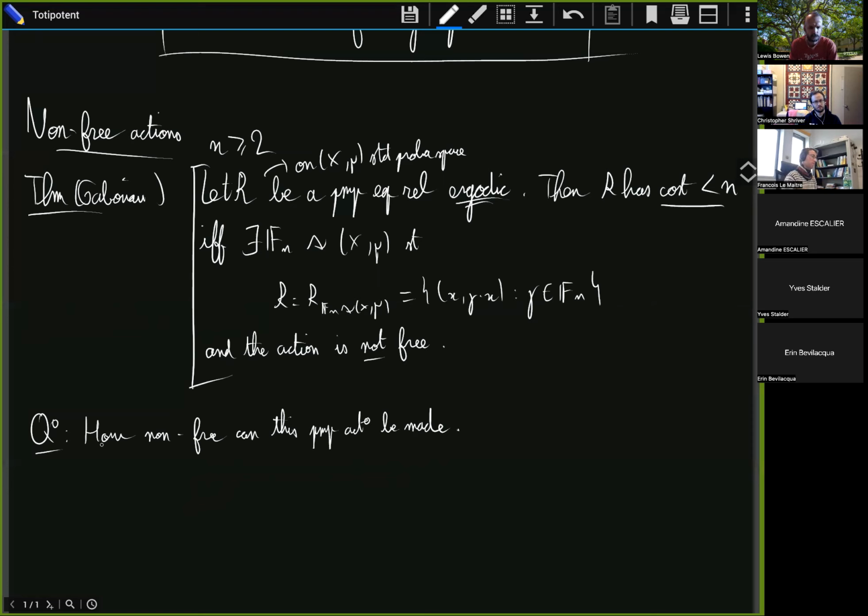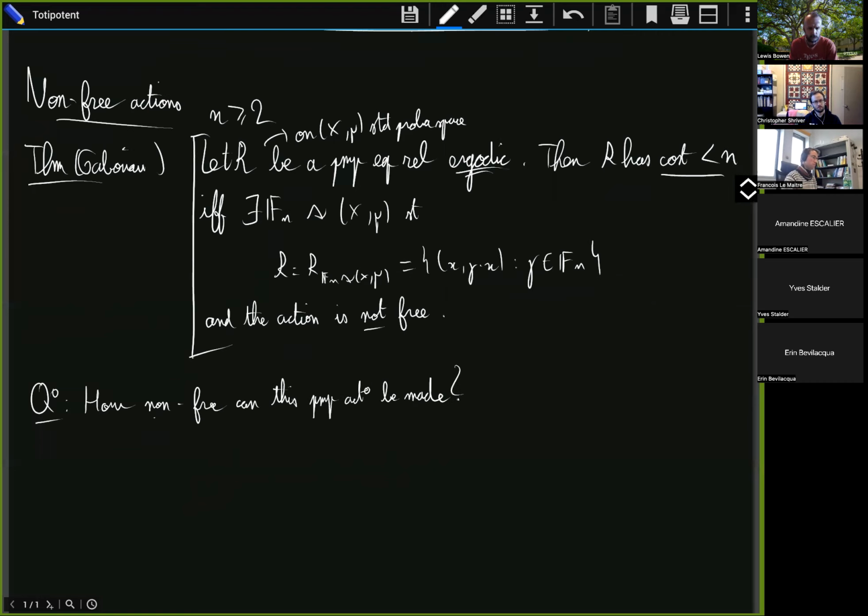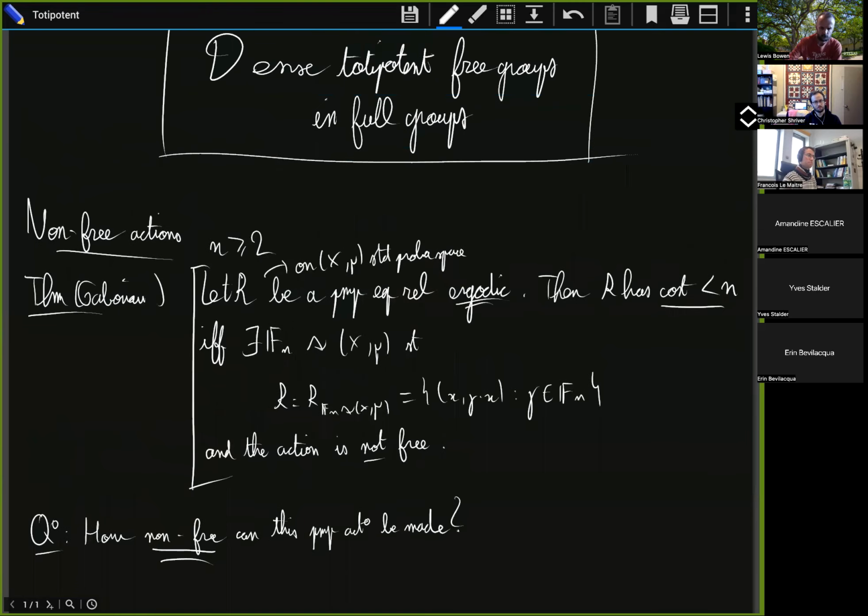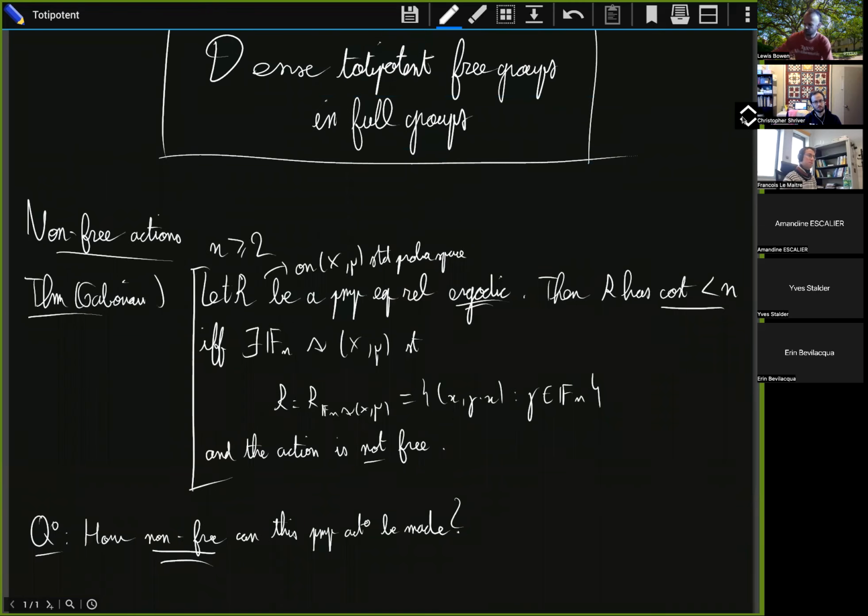The main point of my talk will be to do two things. First, to make this non-free business very precise, giving you several definitions of non-freeness for free group actions. The other thing will be to relate this to these full groups of equivalence relations that I will discuss in a moment.